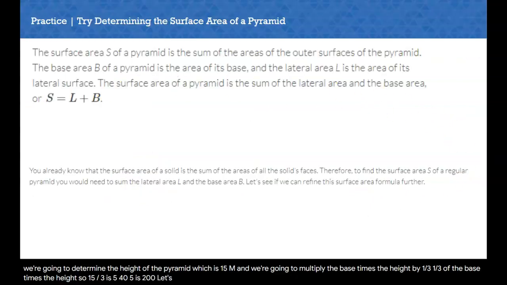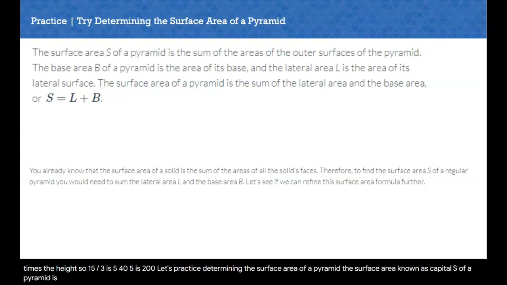Let's practice determining the surface area of a pyramid. The surface area, known as capital S of a pyramid, is the sum of the areas of the outer surface of the pyramid. We worked on this when we worked on composite figures.